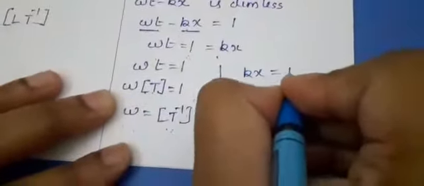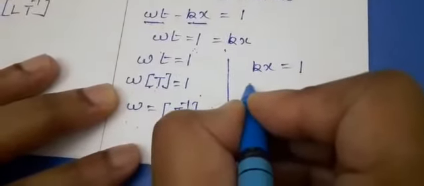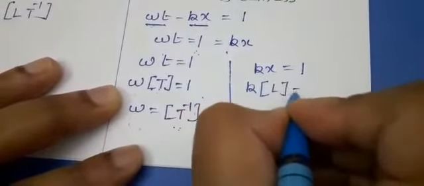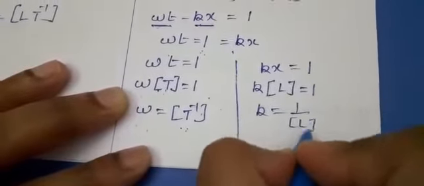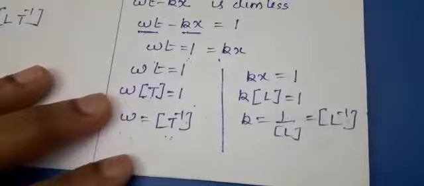Similarly, kx should also have dimension formula 1, that is, no dimensions. The dimension formula of x is L. So k will be 1 upon L, or you can directly take it as L minus 1.